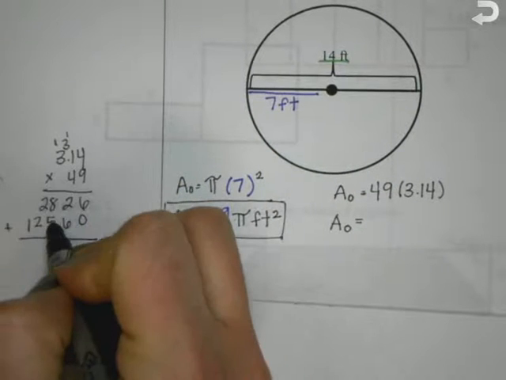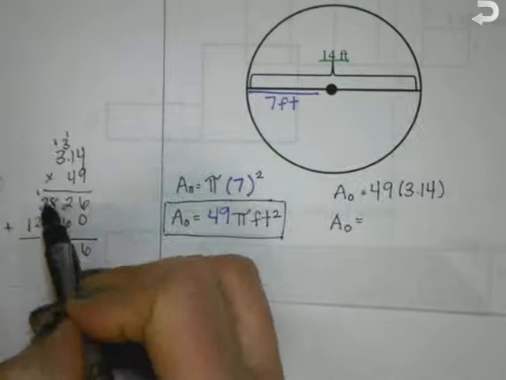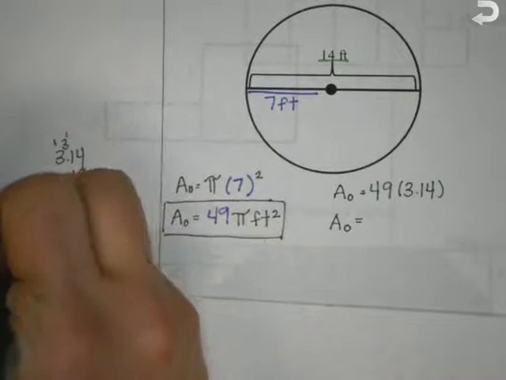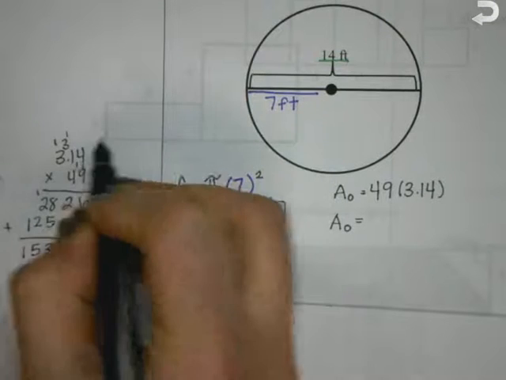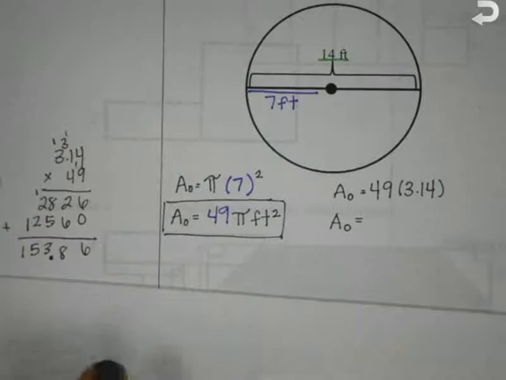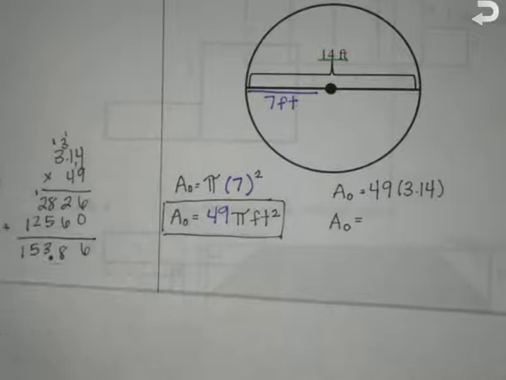And then I look to the number immediately to the right of it. Am I rounding up or down? Up this time. So area of my circle is equal to 153 point what? 0.9 feet squared. Because we are looking at area.